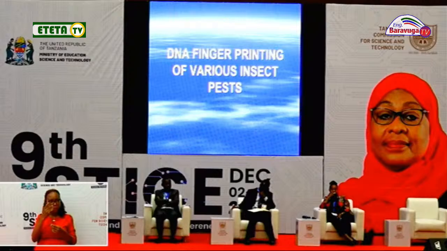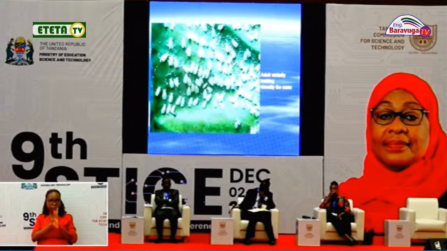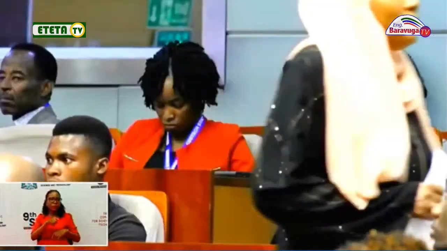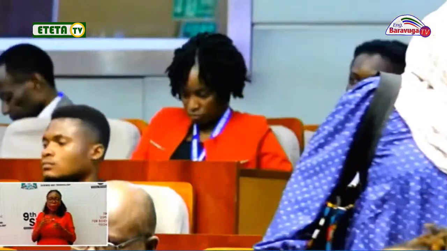Because when you look, this is an insect, these are whitefly. Visually, they look the same. But when you DNA fingerprint them, you find that they segregate into different genetic groups. And each genetic group responds differently to different insecticide. So you can have an insecticide which is recommended for whitefly.